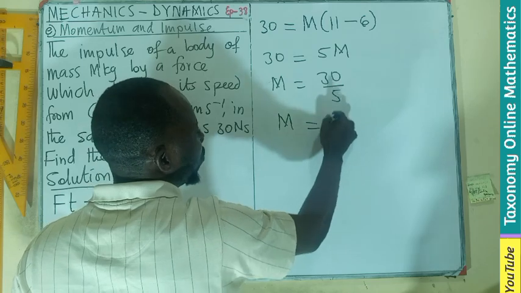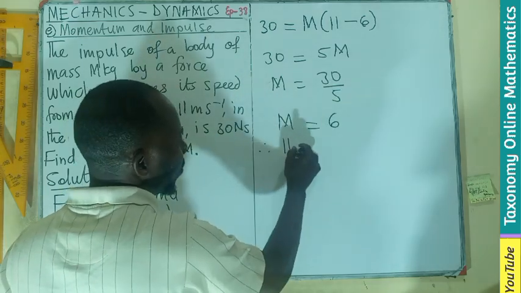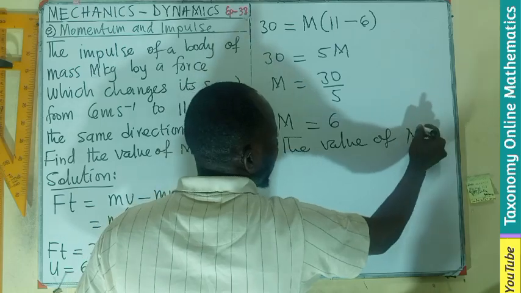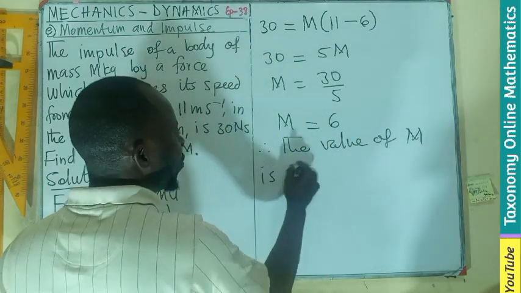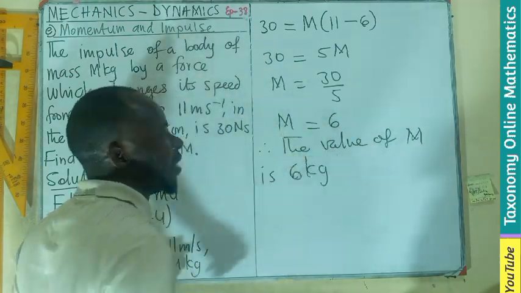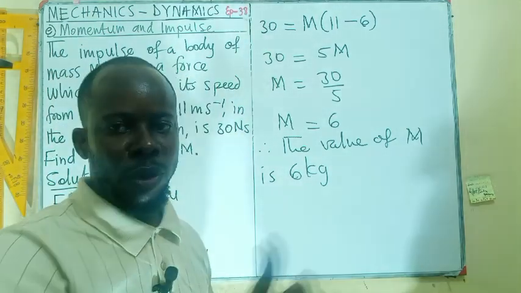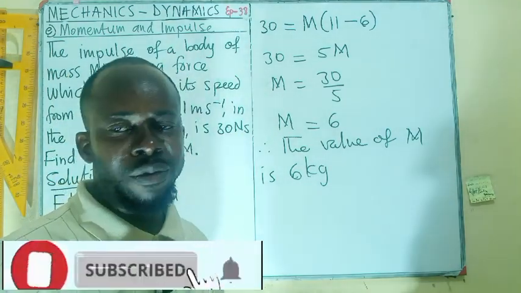So m is going to be 6. Therefore, the value of m is going to be 6 kg. That is, if we are taking into consideration the impulse as a definition in terms of change in momentum.